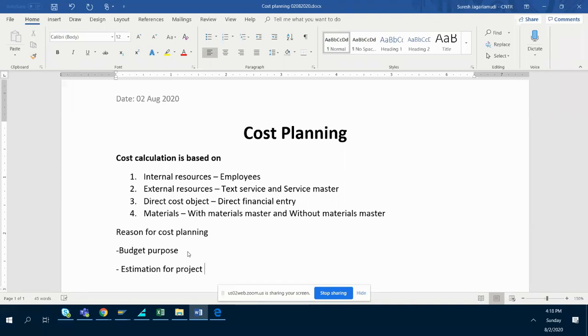Okay. How do you estimate? Estimate means, if it is a manufacturing industry, we need to produce a number of products at the end. So for that, we are going to estimate how much materials and resources will be applicable for finishing the products.